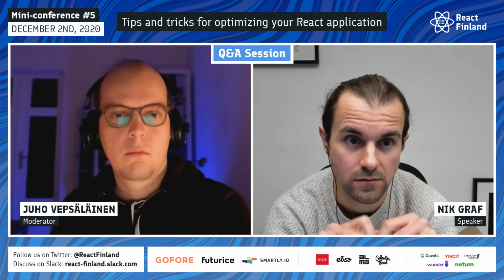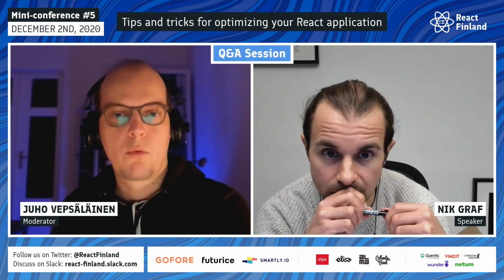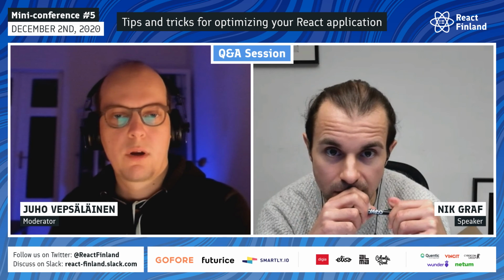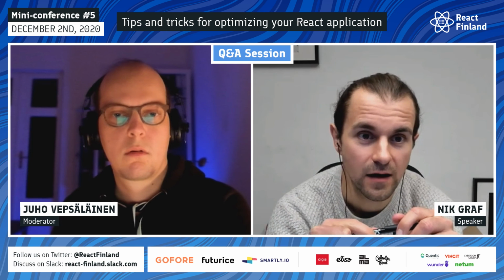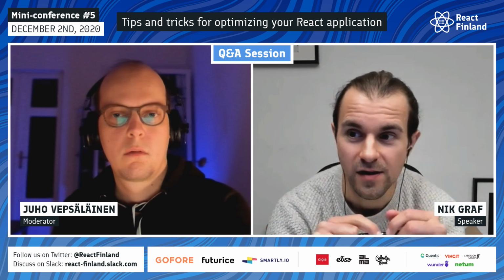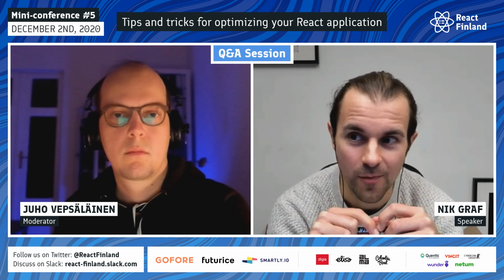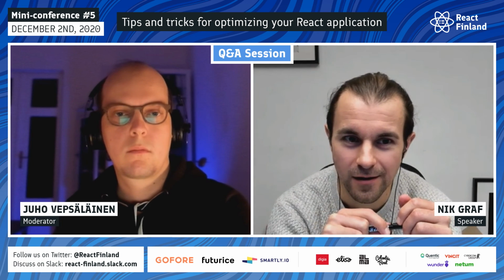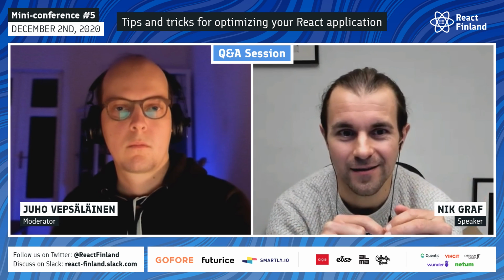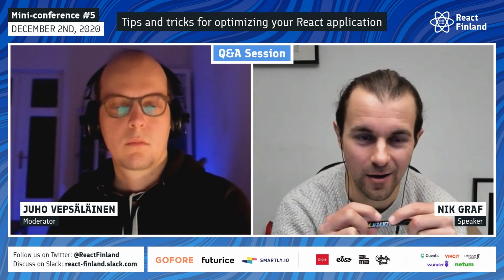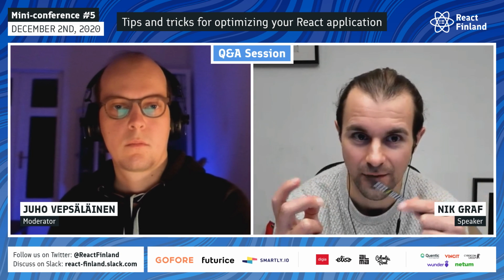Then someone is asking about React.memo. So will using React.memo help to avoid a lot of re-renders? If you use this, that definitely can. The thing is, in the past, I don't know if you remember PureComponents, but if you put PureComponents everywhere, then you can actually lose performance, because every time the React component is checking the props all the time.